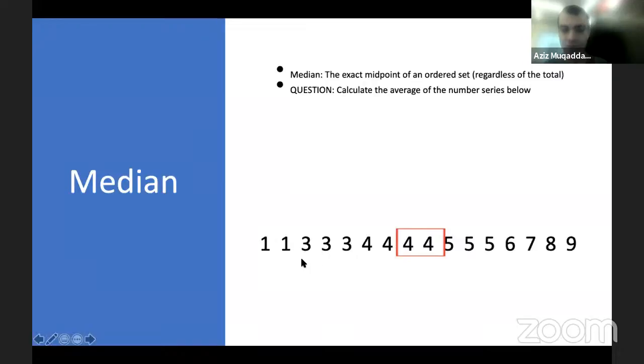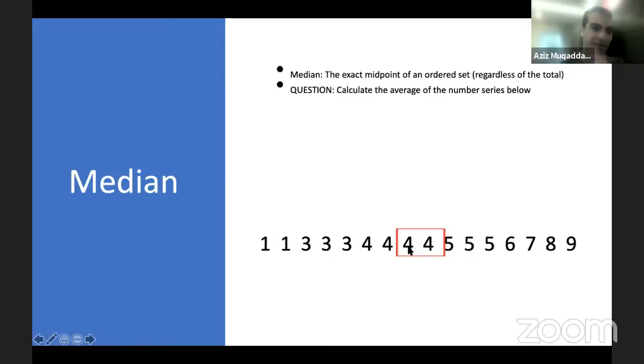So right here, the values are 1, 1, 3, 3, 3, 4, 4, 4, 4, 5, 5, 5, 6, 7, 8, 9. You could see I have 7 numbers to the right and 7 numbers to the left. The exact midpoint here is 4, between 4 and 4.